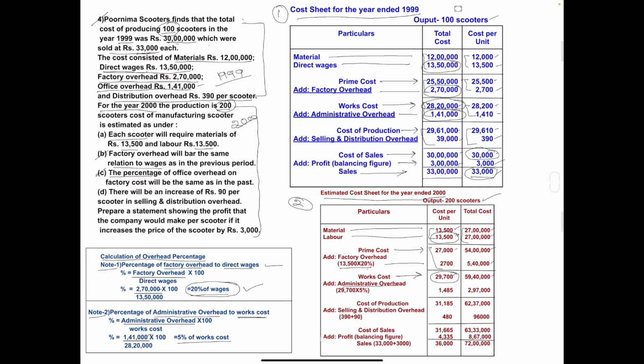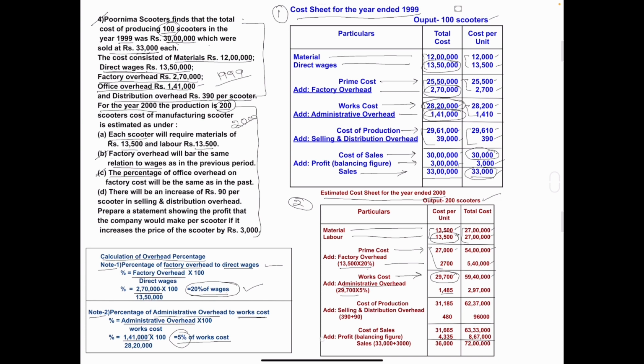So I have written here in bracket 29,700. Understood? From where I got this 29,700? Works cost amount, that is 29,700 into 5%. Just now we have calculated. So the amount is 1,485.